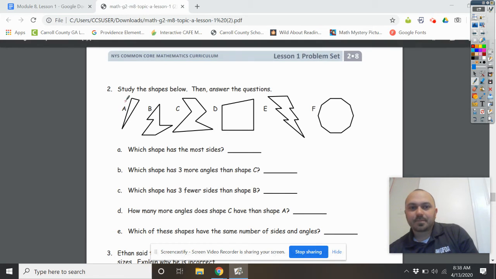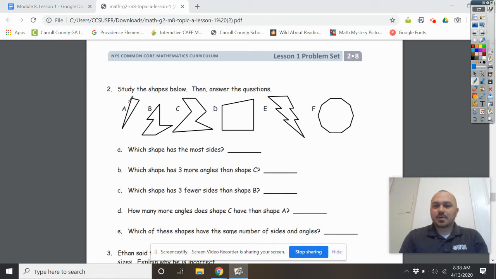We'll make it red again. Which shape has the most sides? So I'm going to give you a moment to look just to kind of see if you can think about which one has the most sides. Alrighty. While you're finishing, I'm going to count each one too.